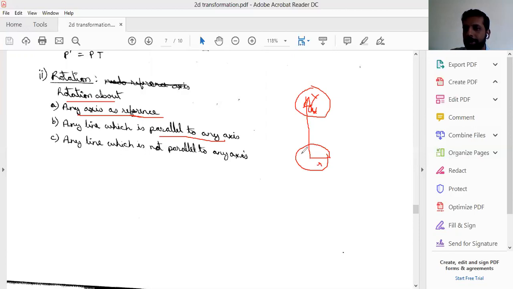That is possible in any of the drawings, so we can take that as the selection line. Or there may be a situation where none of the lines present in the object is parallel to any of the axes, but still we must be able to rotate. So there are these three conditions along which the rotation can be performed.